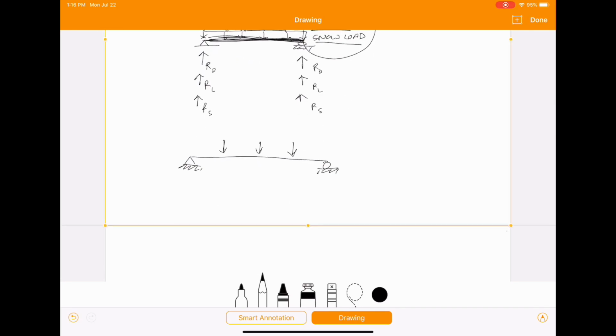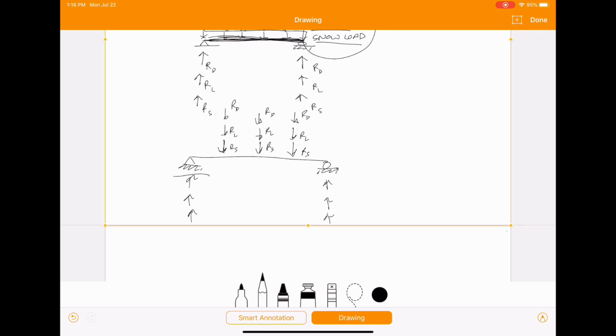So we've got our 1, 2, 3 point loads, but again, we're going to make sure that this is going to be our RD, our RL, and our RS for all of these, as long as they're the same beam, right? And again, then you'll find reactions here, unfactored, right?